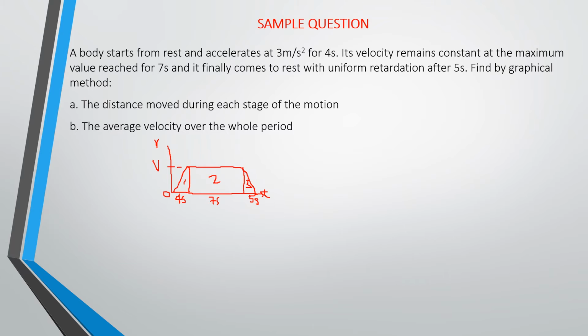Now, the next thing you're going to do is find the final velocity, because the information given to you is the acceleration and the time for the acceleration, but the final velocity is not given.